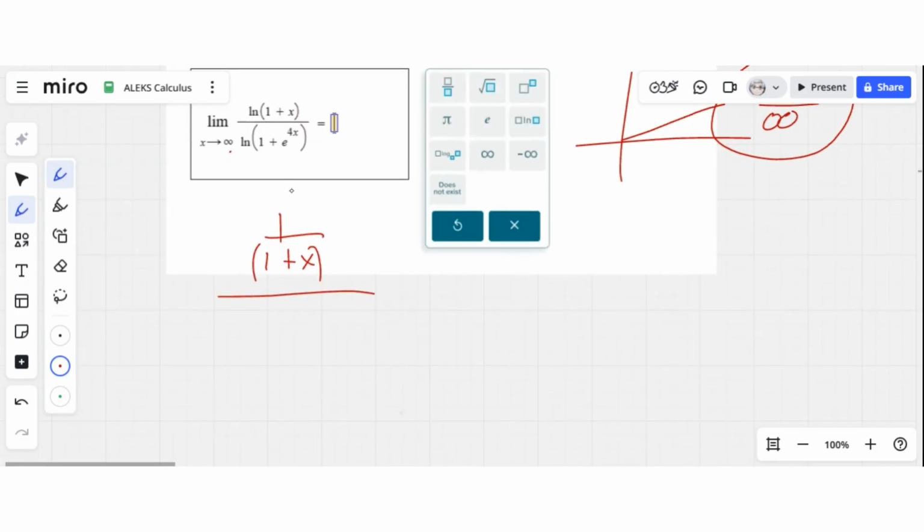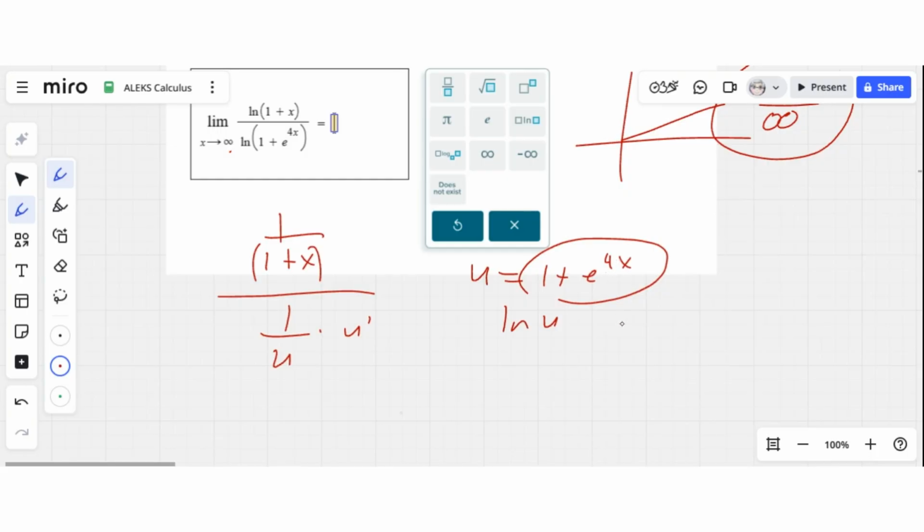Now for the bottom, it looks like we have to use the chain rule a couple of times. First I'm going to say u equals 1 plus e to the 4x. So we've got the natural log of u. That is 1 over u, and then we have to multiply that by the derivative of u, du.